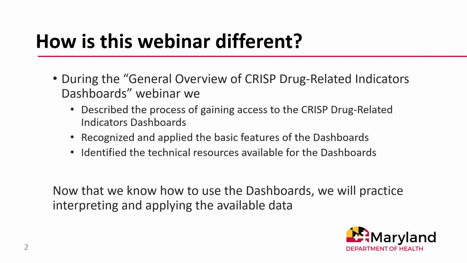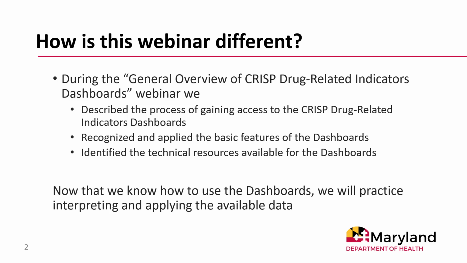During the general overview of CRISP Drug-Related Indicators Dashboard webinar, we described the process of gaining access to the CRISP Drug-Related Indicators dashboards, recognized and applied the basic features of the dashboards, and identified the technical resources available for the dashboards.